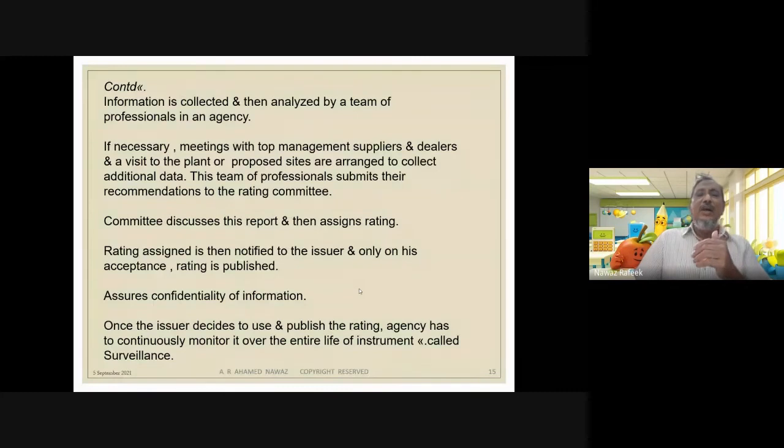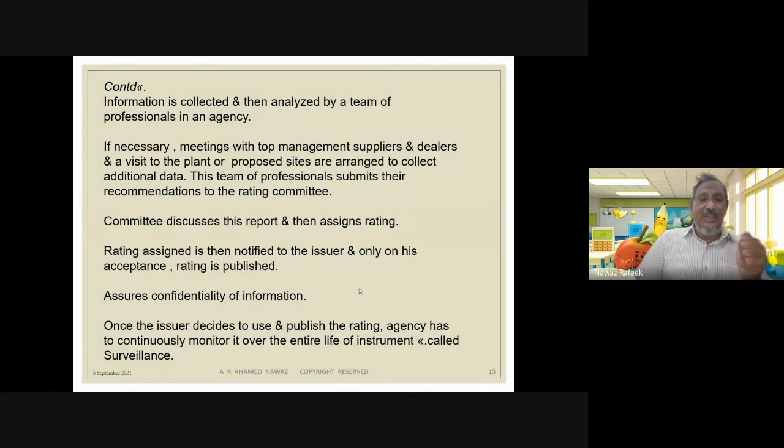So the due diligence report: they collect all the information as mentioned earlier, and a team of professionals analyzes the relationship between each and every factor. If necessary, meetings with the top management, suppliers, dealers, and a visit to the plant or proposed sites are arranged to collect additional data.